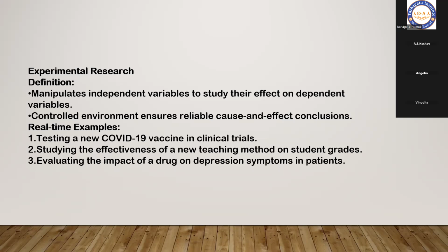Studying the effectiveness of a new teaching method on student grades, evaluating the impact of a drug on depression symptoms in patients. Mostly healthcare and medicines come under this experimental research. Also, any new drug, when it is tested, is under experimental research.